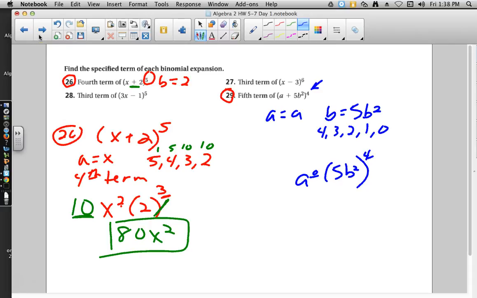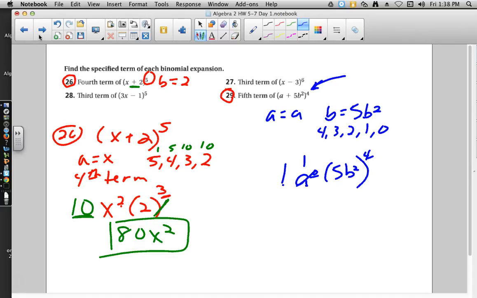And then what I need to do is go to Pascal's triangle, and I need to go to row 4, and I need to look for the fifth term. Well, the fifth term in that fourth row is going to be a 1. So we have 1 times a to the 0, well, a to the 0 is just 1.